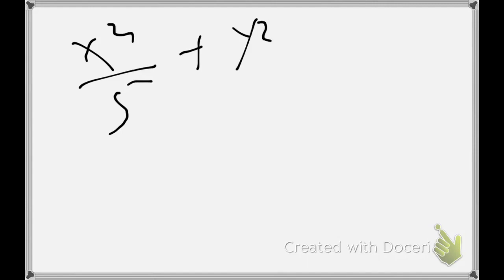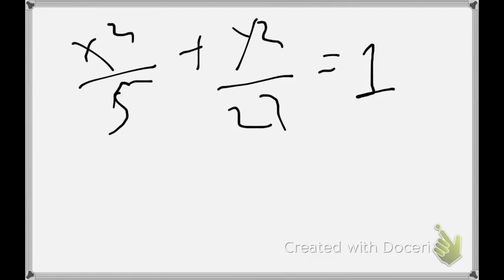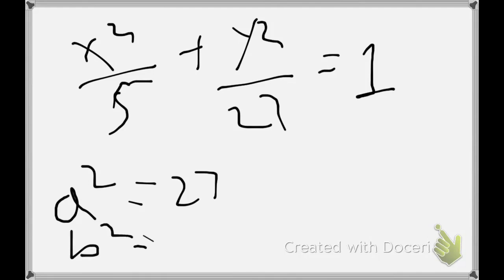Alright, so one more. If we have an ellipse like this, x squared over 5 plus y squared over 27 equals 1, the question asks, what is the length of the major axis of this ellipse? We know that since a is greater than b, and the equation shows a squared and b squared, a squared equals 27 and b squared equals 5.